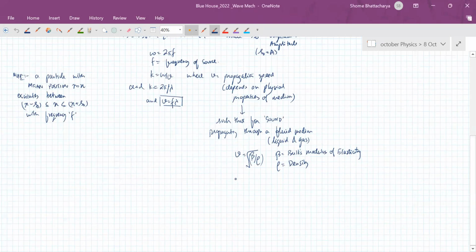Yeah, so in case of solids, Bulk's modulus is just replaced with Young's modulus of elasticity.